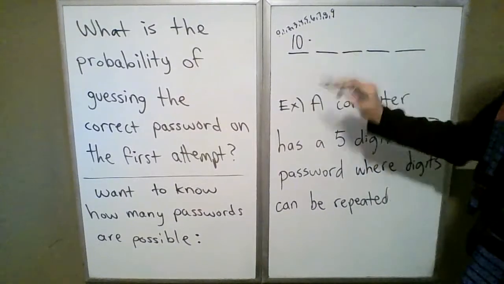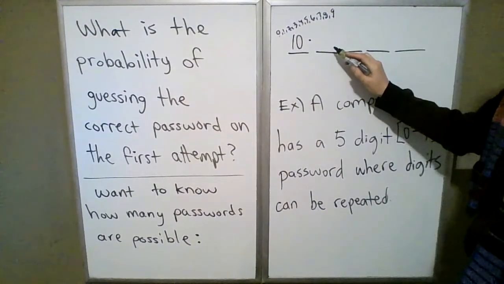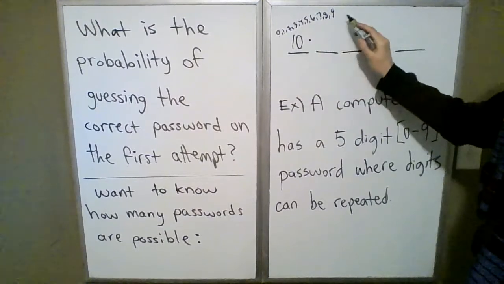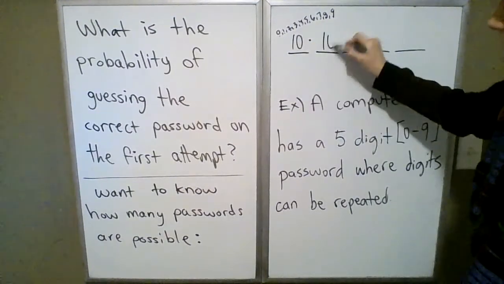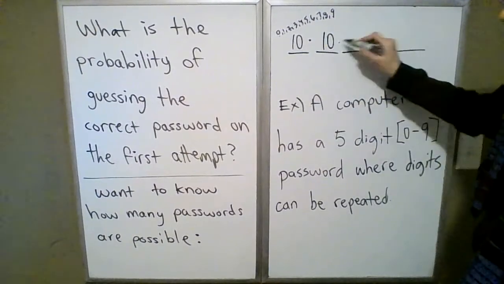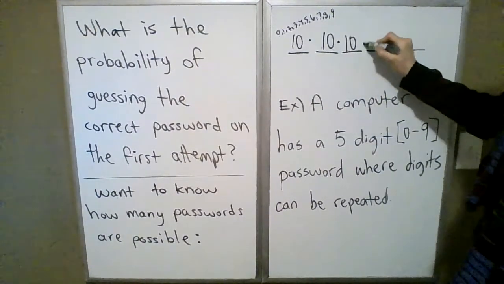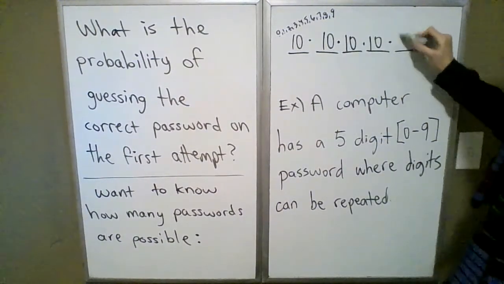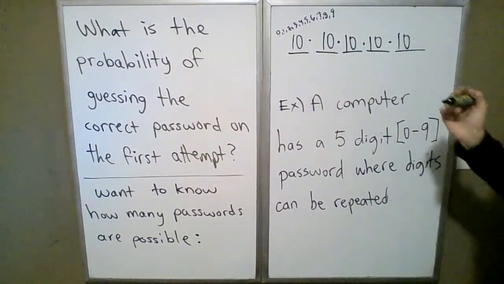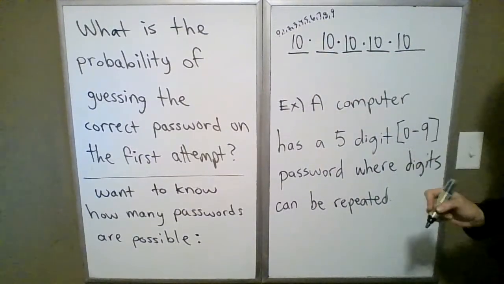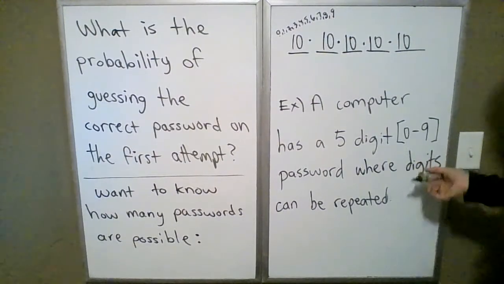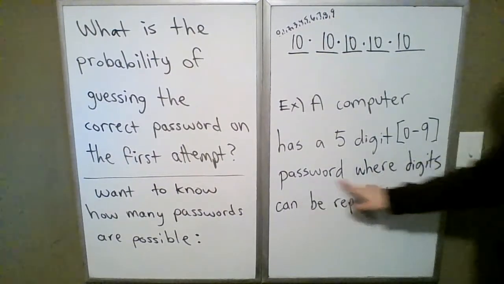And then in the next spot, you can repeat any of the digits. So it's another 10 choices. All of the same possibilities can go here. And then another 10 choices because you can repeat digits. And it keeps going like that for all of the spots. Every place has 10 digits to choose from. Okay, multiply all of that together to get the number of different passwords that are possible.